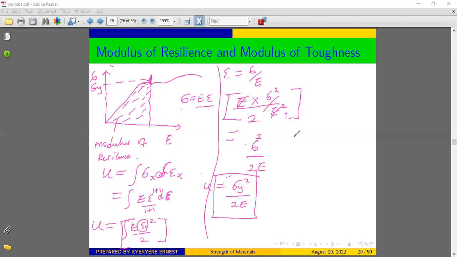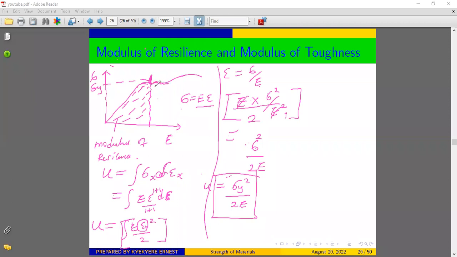Don't forget that we have already established that up to the proportional limit, the material does not deform permanently.